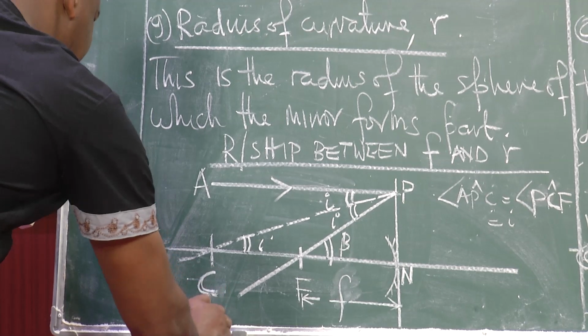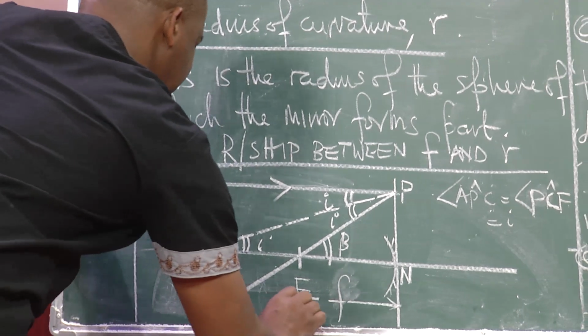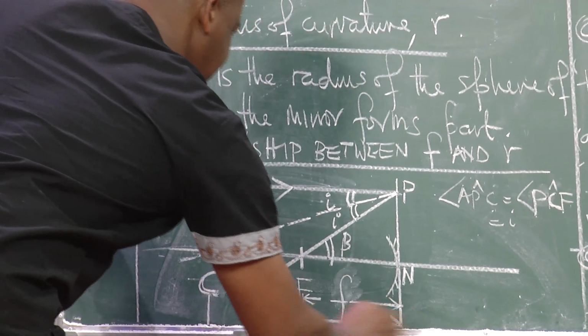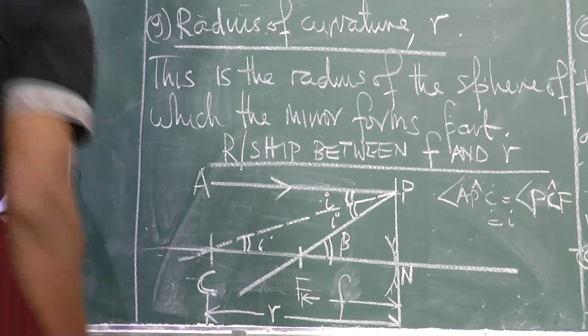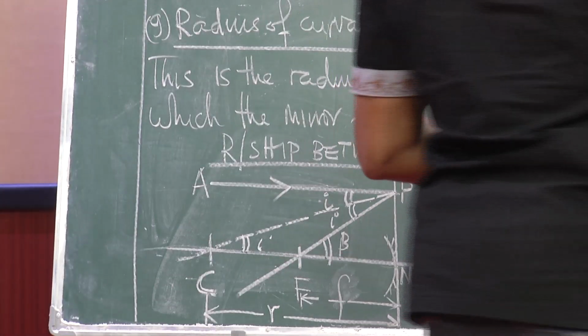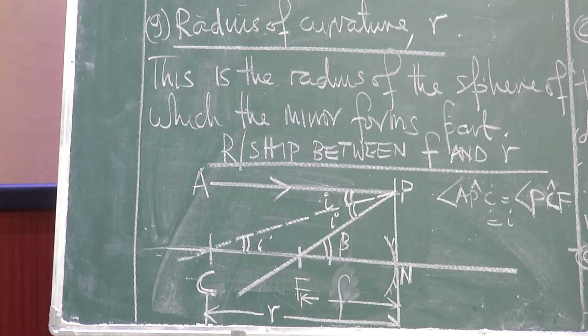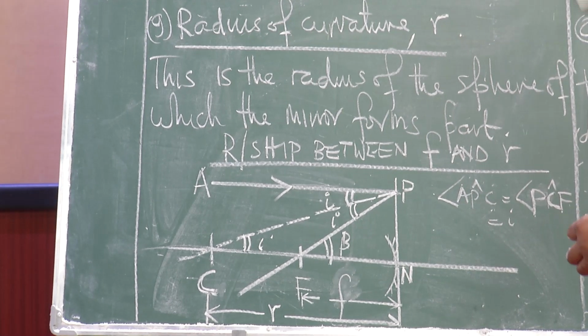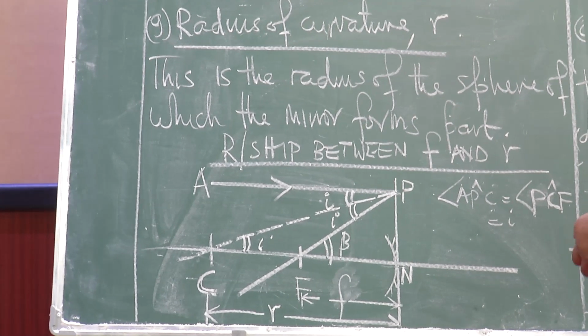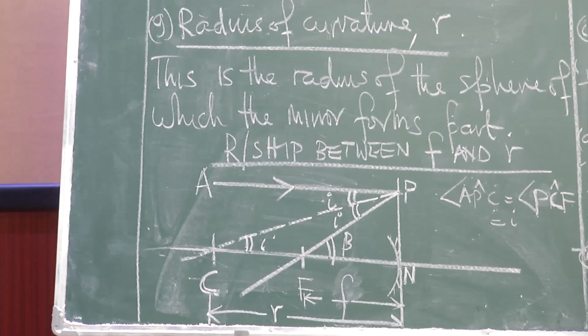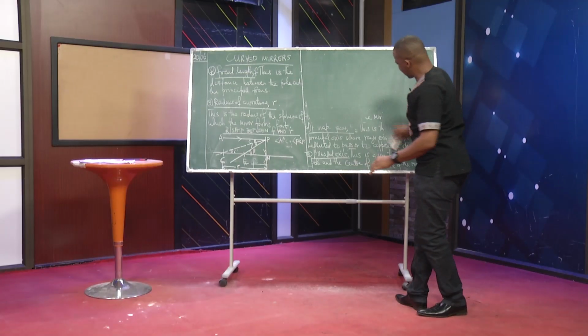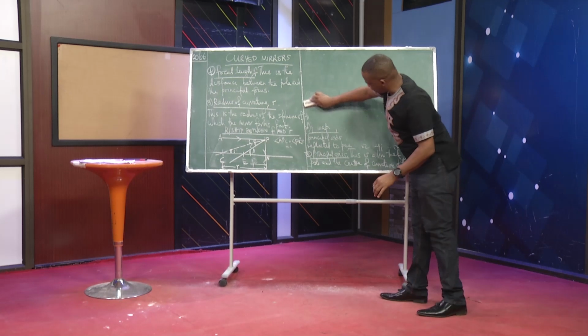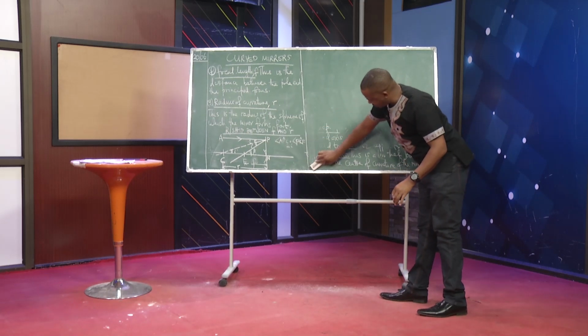Remember that this is now the radius. That diagram is very key on the derivation we are yet to make.